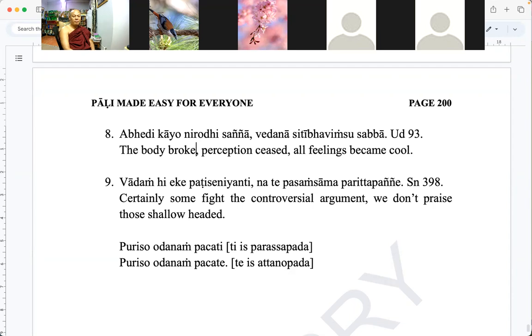So "some" here, because we see the verb patisanyanti. Is that the meaning, that eke is the subject? So eke does not mean only one, Bante? No. It means "some" or "someone."